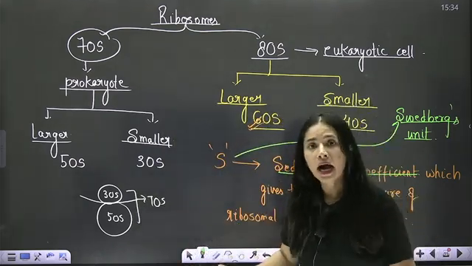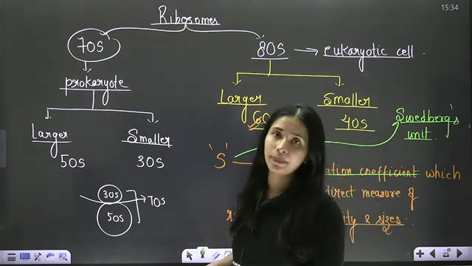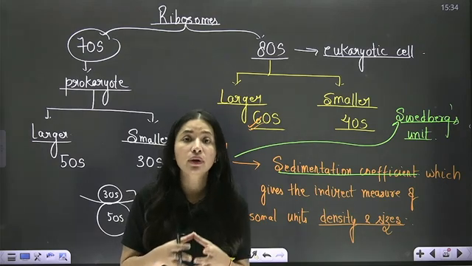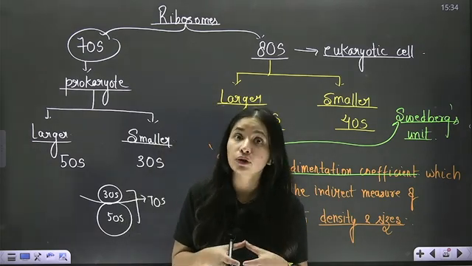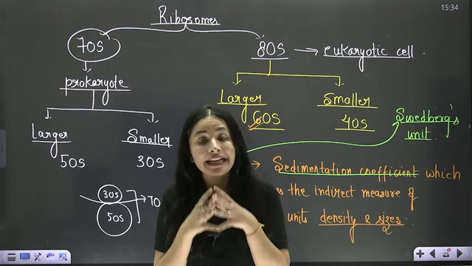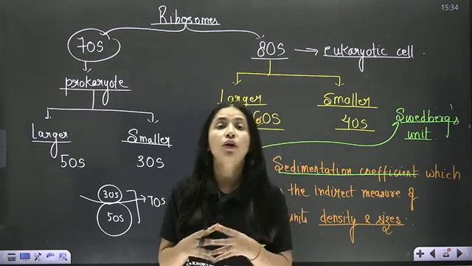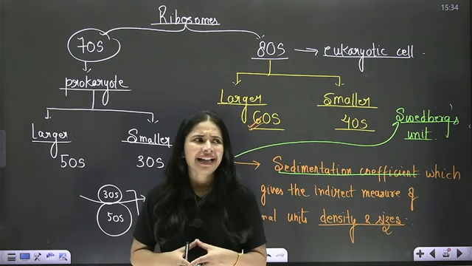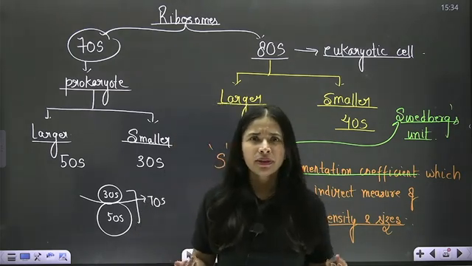Now, apart from ribosome, they also have some dead storing bodies called inclusion bodies. These inclusion bodies are also non-membrane bound. Like, you know, in every home you keep a dustbin.